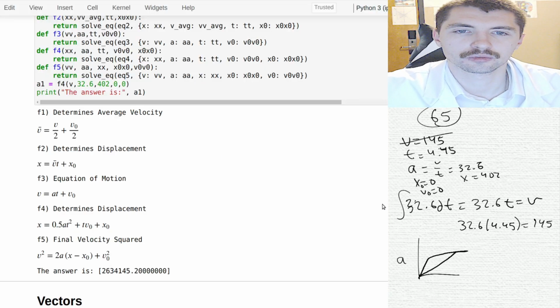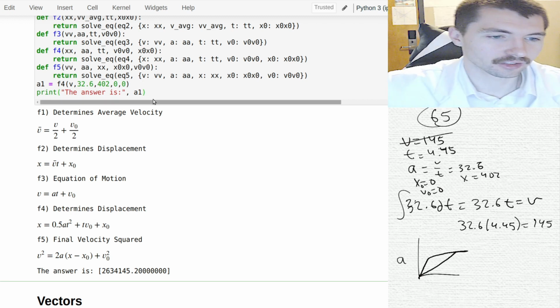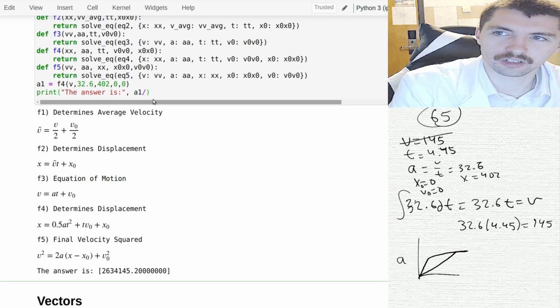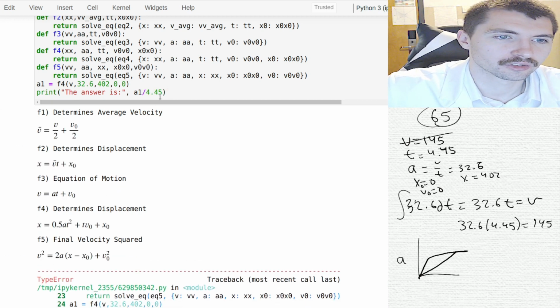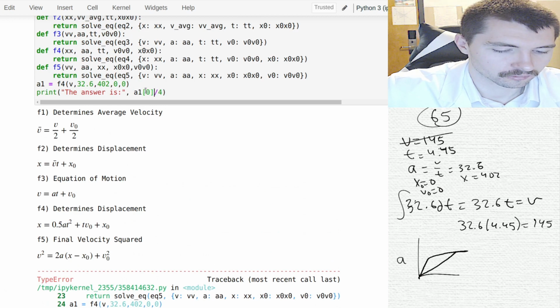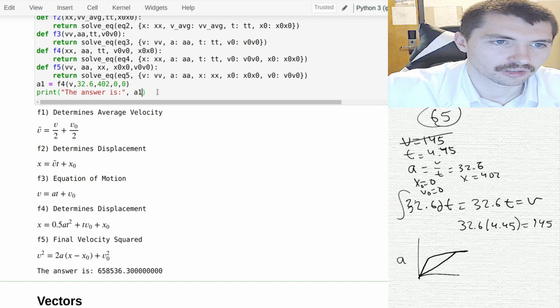So this is a big number. I think we would take this divided by, what would we do if we did this? Thousand. Yeah, this is just such a big number. So do we do anything wrong? 32.6, 402.